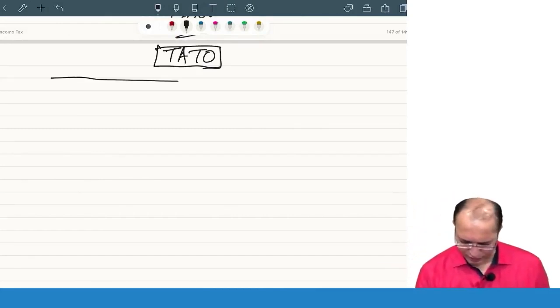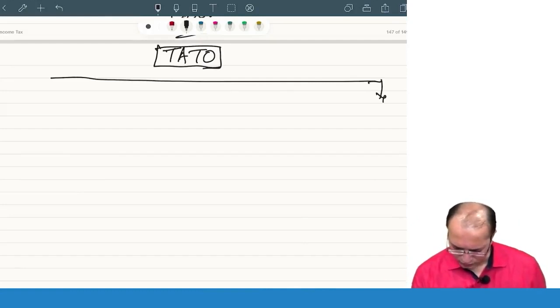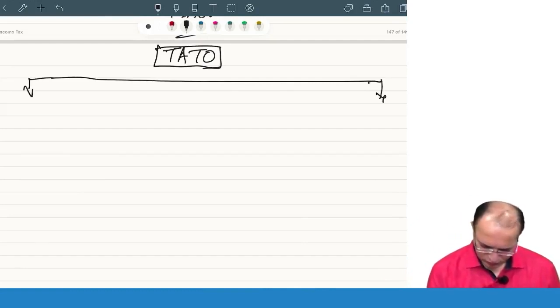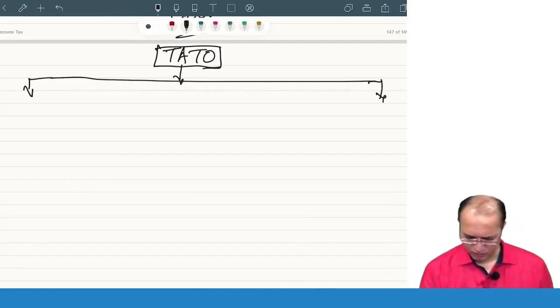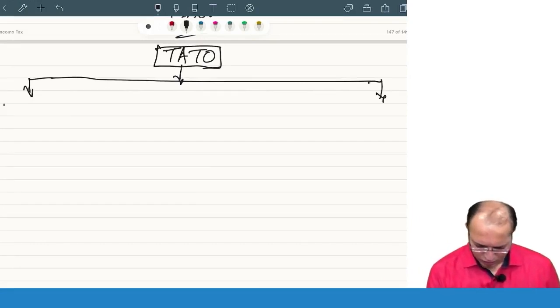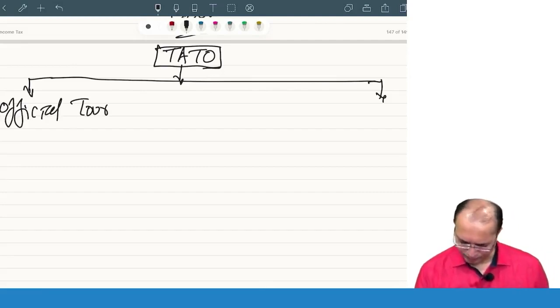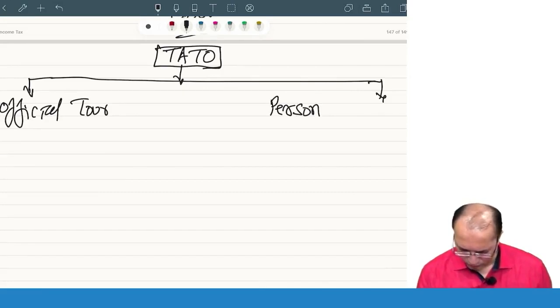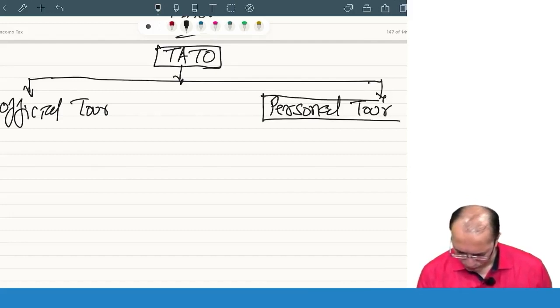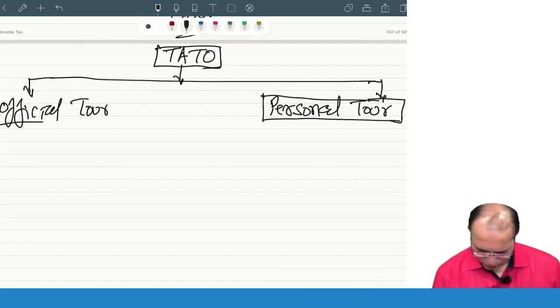This we can divide in 2 parts. Number 1, you are on an official tour. Or number 2, you are on a personal tour. So there are 2 possibilities here.